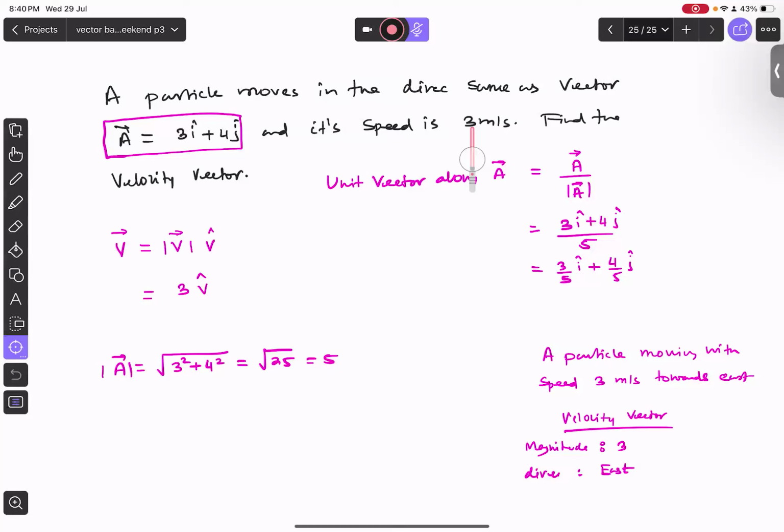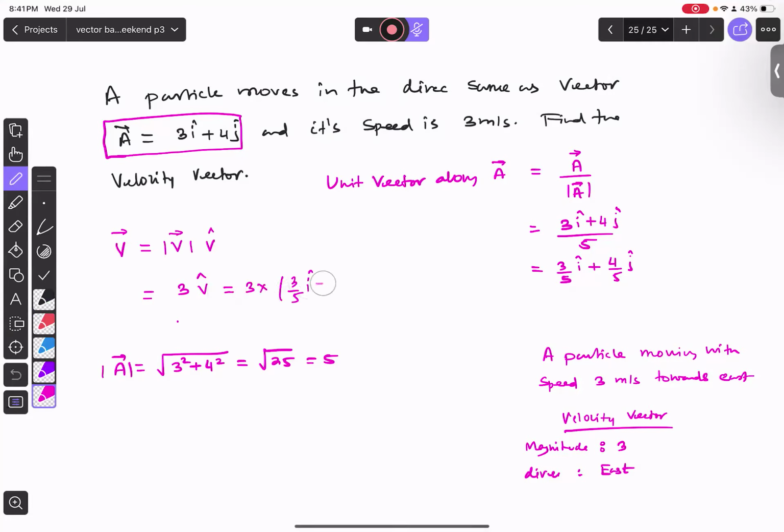The speed given is 3, and speed is the magnitude of the velocity vector. Given the unit vector we found, the velocity vector will be 3 into 3 by 5 i cap plus 4 by 5 j cap. You can leave it here or multiply: 9 by 5 i cap plus 12 by 5 j cap.